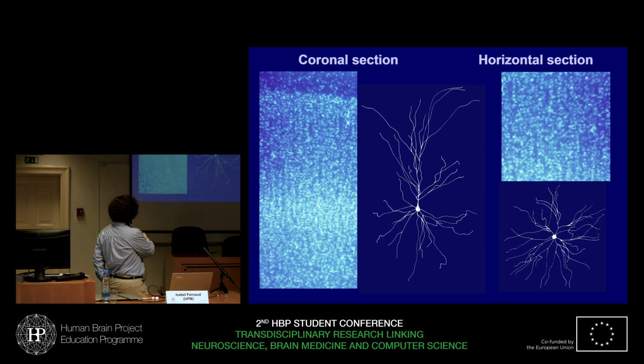In the first one, you have the whole neuron with the apical dendrite and the basal dendrites, but you will miss some of the branches that come out of the tissue. In horizontal sections, you will have the whole basal arbor, but you will miss the apical dendrite. So depending on the goal of your study, you will use one or the other.